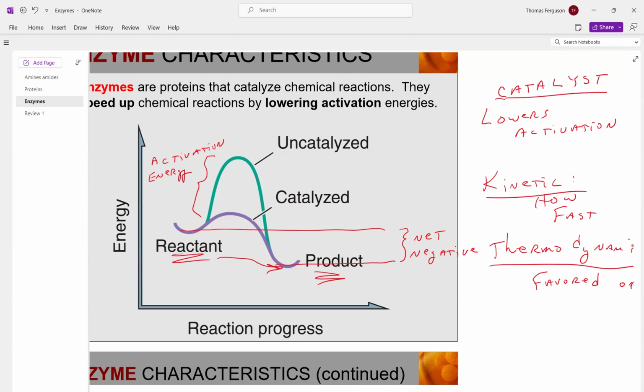Usually in introductory classes, we could talk about potential energy, but really it's something called Gibbs free energy, G. And that G has got two things built into it: enthalpy, which is potential energy, and entropy. Entropy is the measurement of randomness. So both those factors come into play when we're talking about whether a reaction is spontaneous or not.